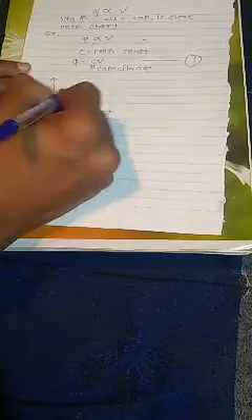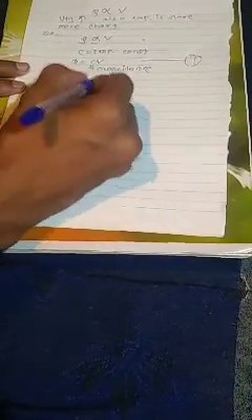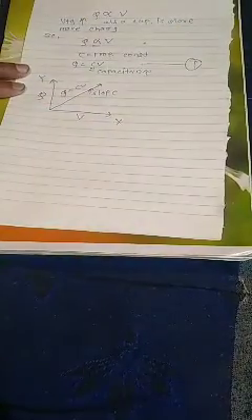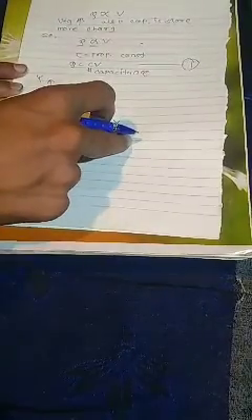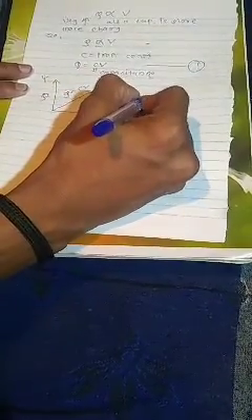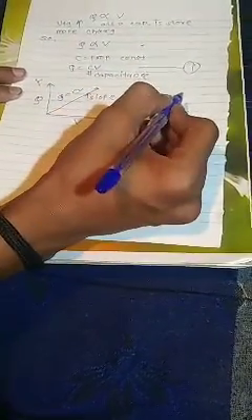Here Q is on the y axis, V is on the x axis, and C is the slope. So in the y axis charge is plotted and in the x axis voltage is plotted, and the equation is Q equals CV.